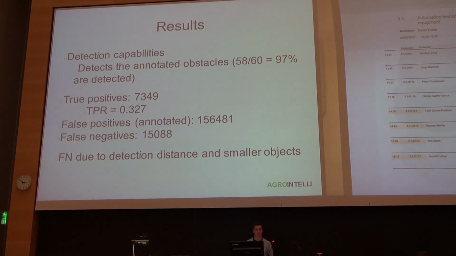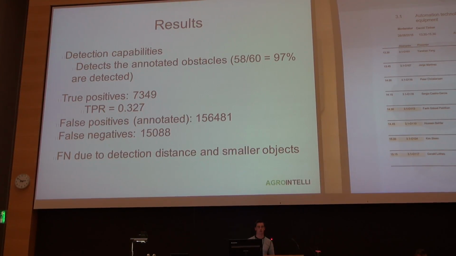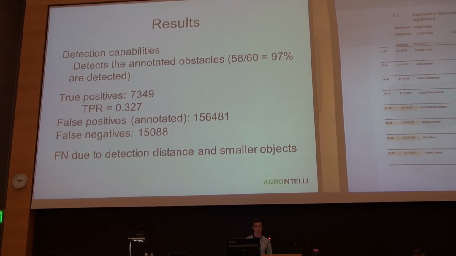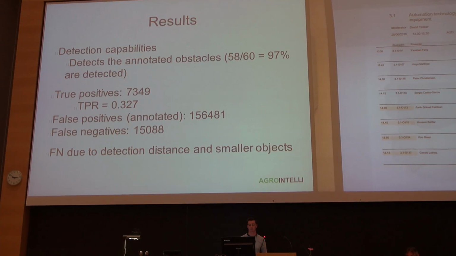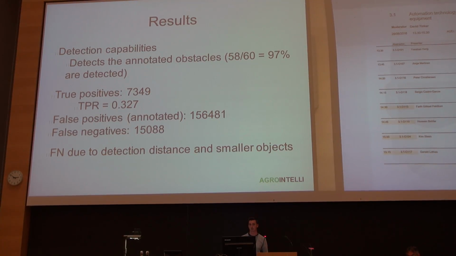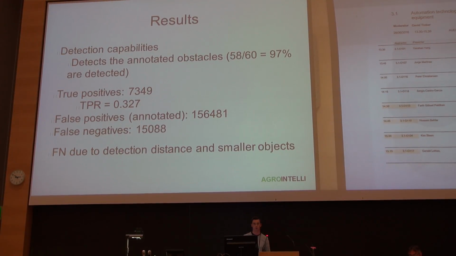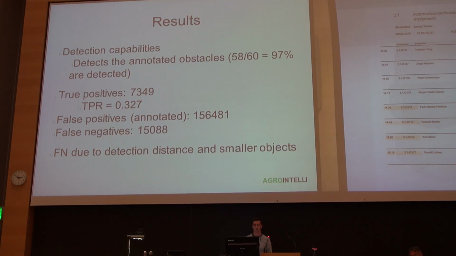So what are the detection capabilities? Well, in the data we have analyzed, we have 60 obstacles. It's the small hair, it's persons, it's the green barrels that you saw in the video, and at some point, driving towards them, we're able to detect 58 out of 60 obstacles in those frames.